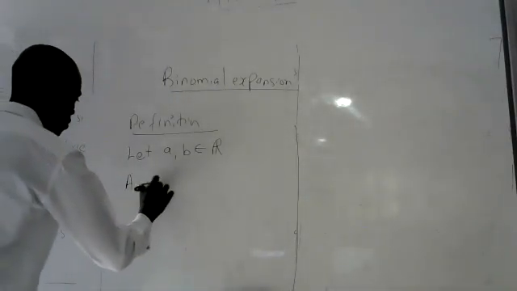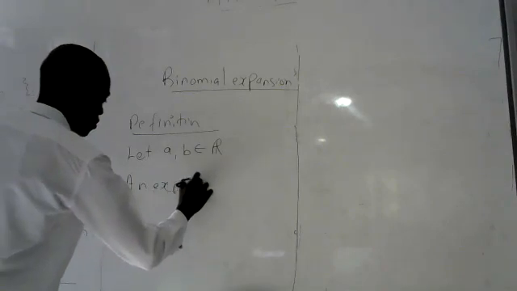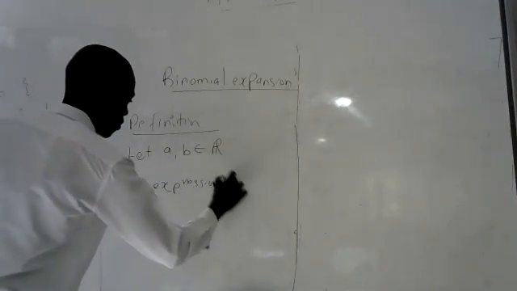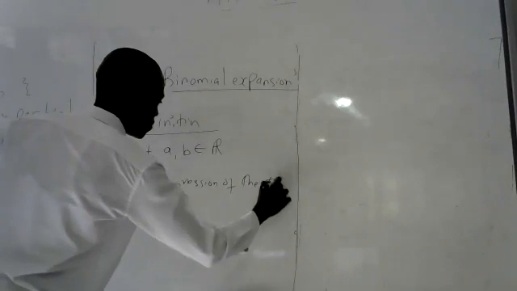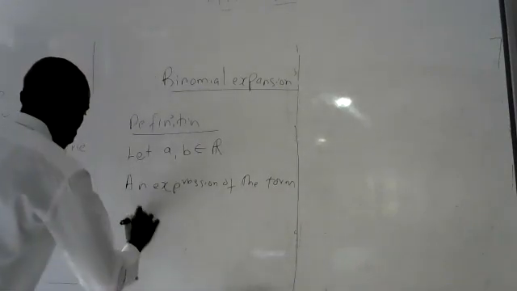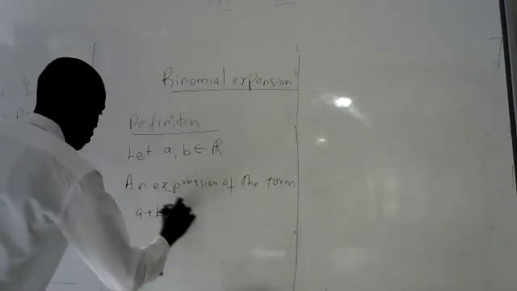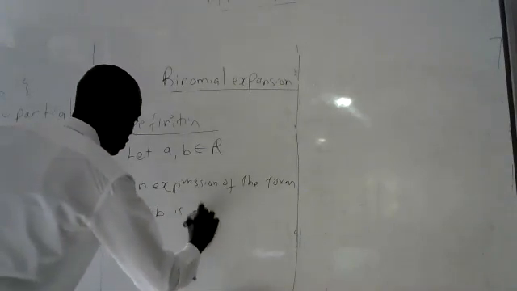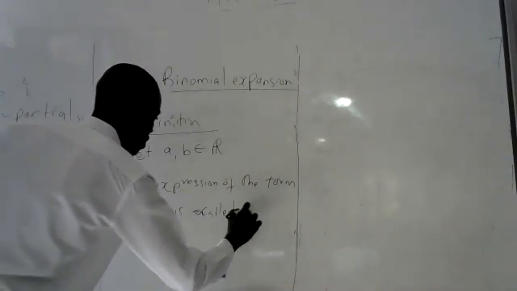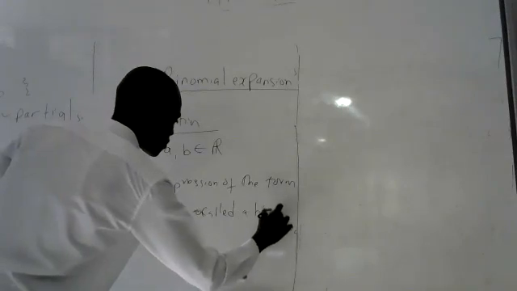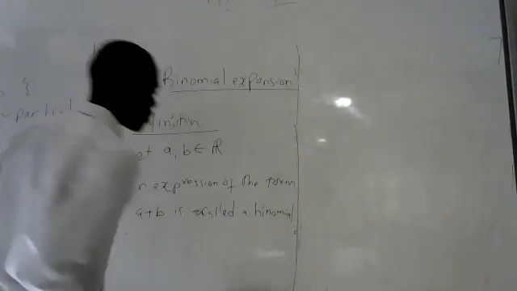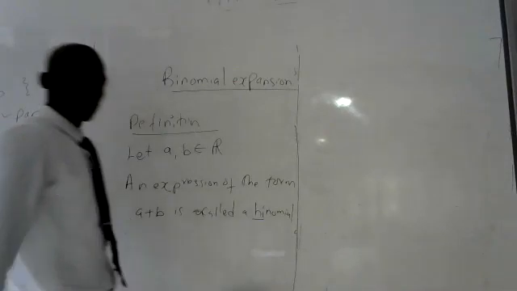An expression of the form a plus b is called a binomial. Bi means two.